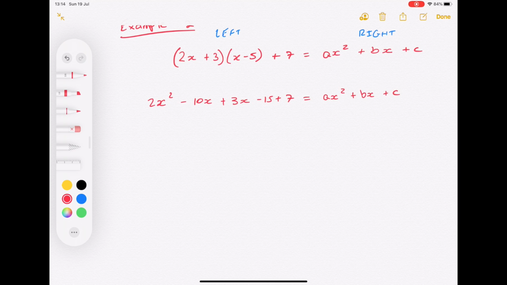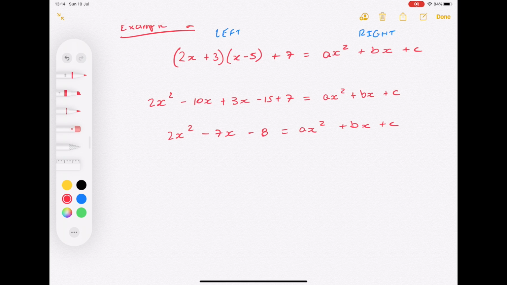Now, there's a bit of work we can still do on this left-hand side here. We can simplify this and this. So let's go ahead and do that. There we go.